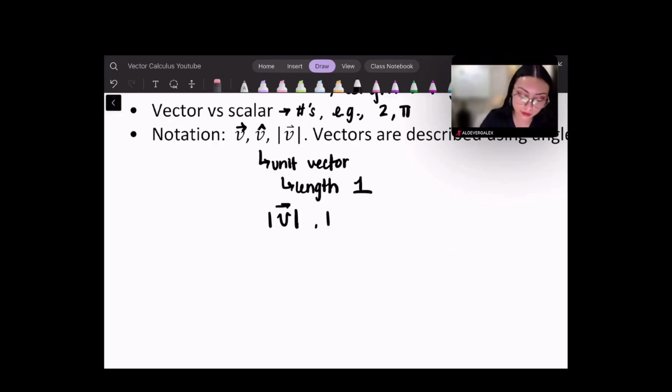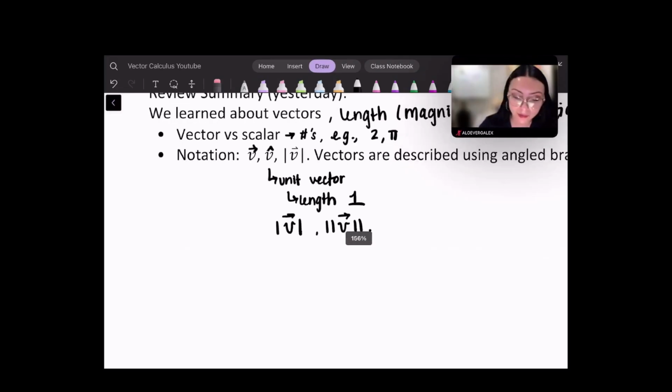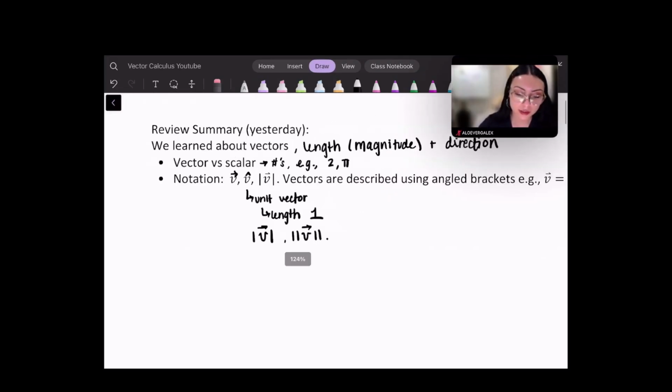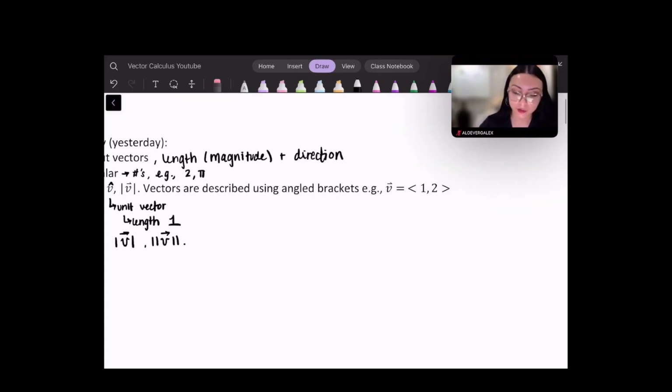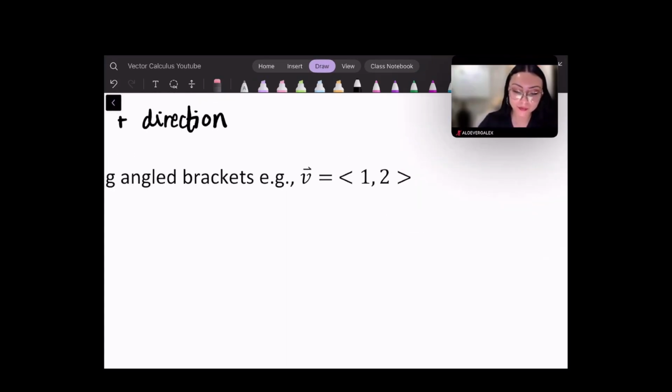You also might see it as the double bars. Either one is fine. It depends on which textbook you're using, really. So vectors are described using angled brackets. So for example, the vector in R2, so this vector lives in R2, this is called the component form of the vector v.